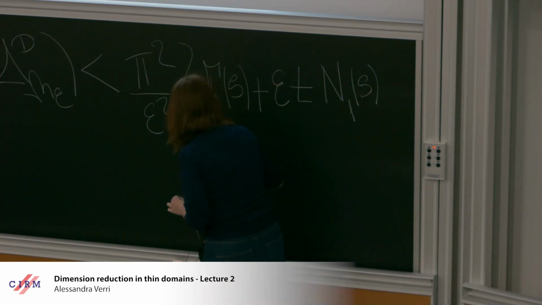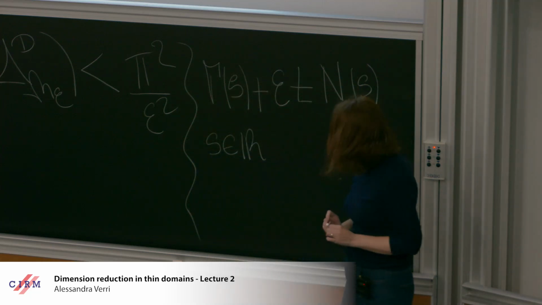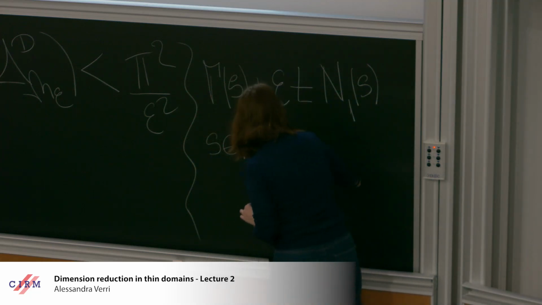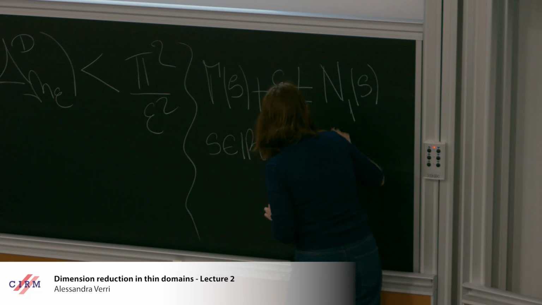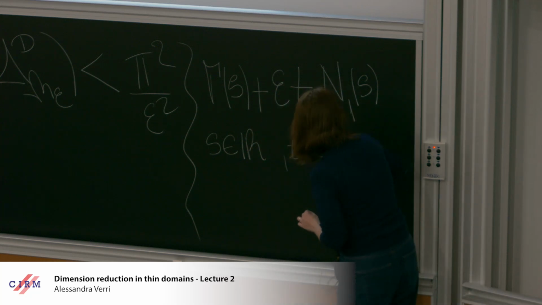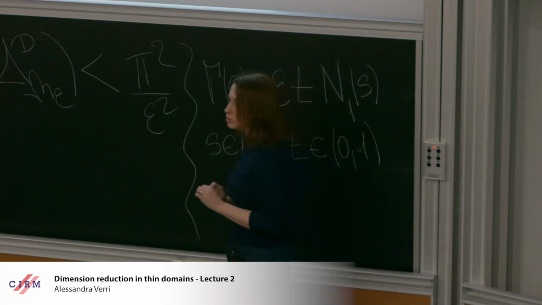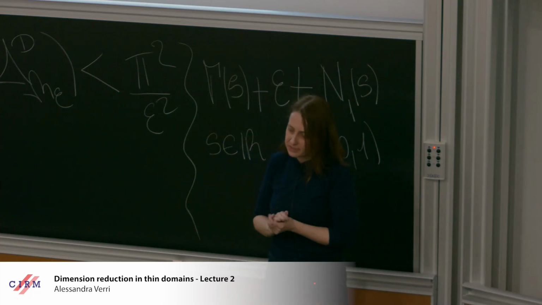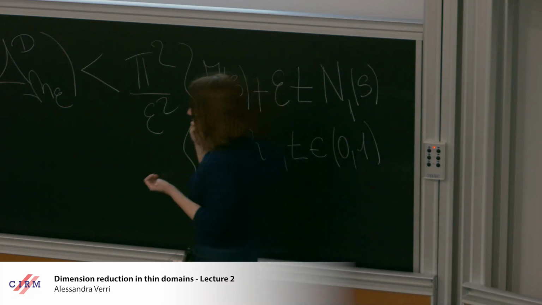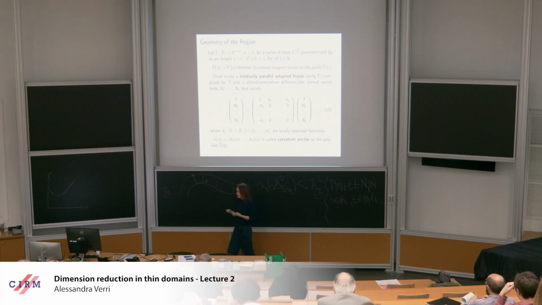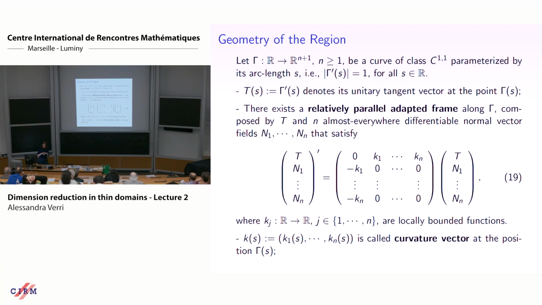So s is the parameter of the curve, and t is a parameter on the interval from 0 to 1. So we can perform the same construction. But here we'll have more directions, so we can perform different deformations.